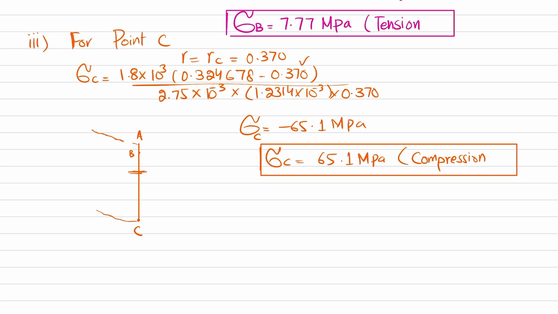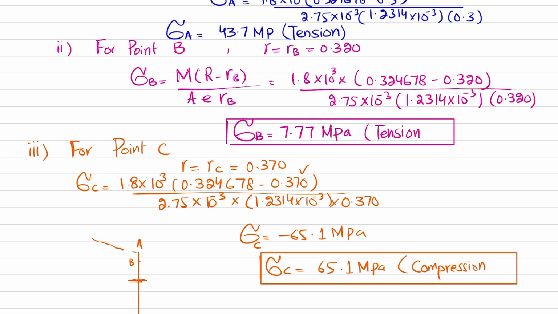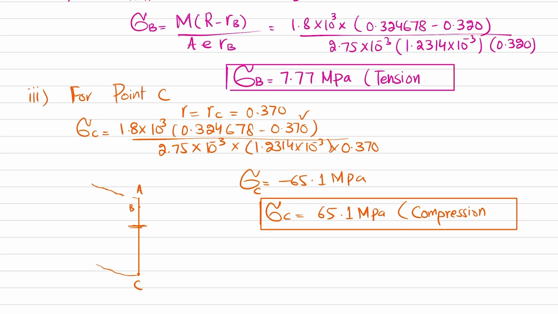So at A we have 43.7 megapascal. So it will be like this. Let this be 43.7 megapascal. And at the neutral axis we have 0, and it will be like a parabolic curve. It will be like this. Okay. At point B we will have 7.77 megapascal, and till the neutral point it will become 0.